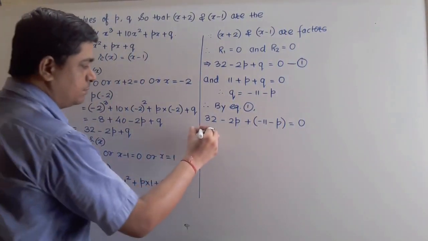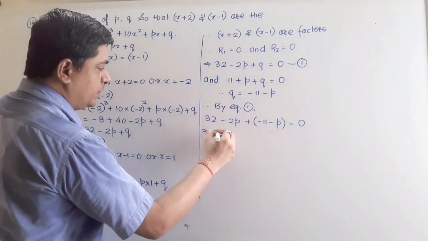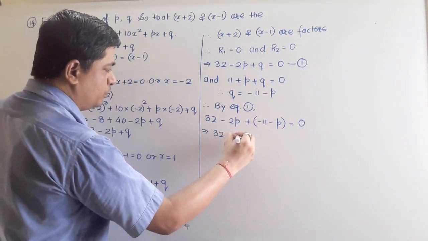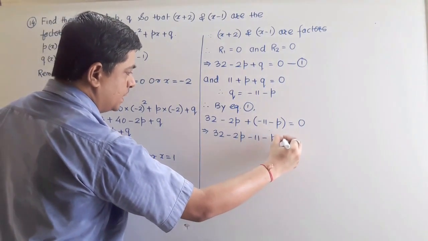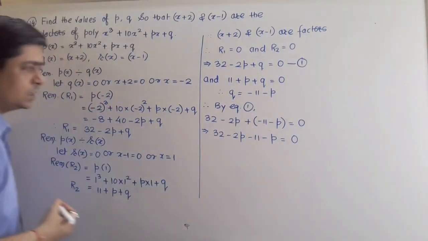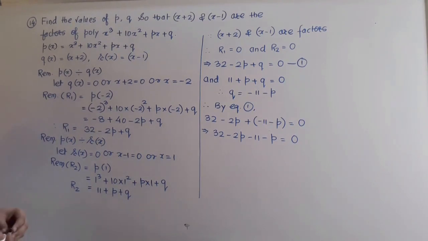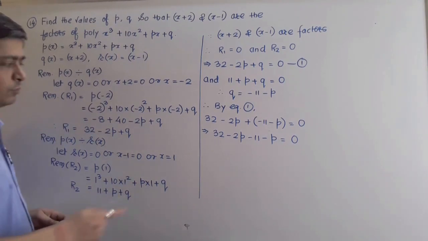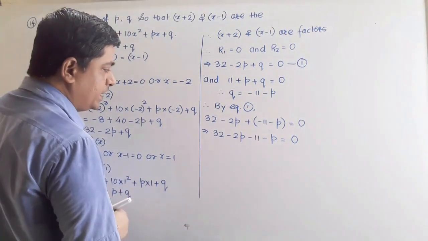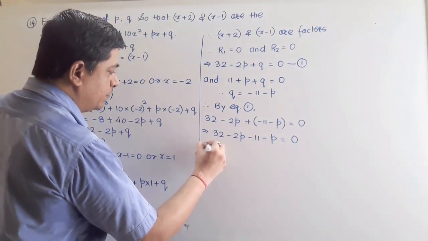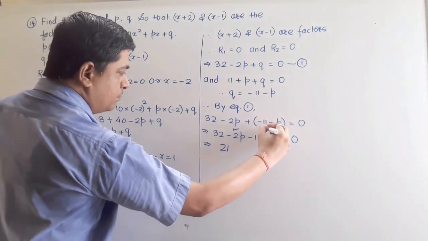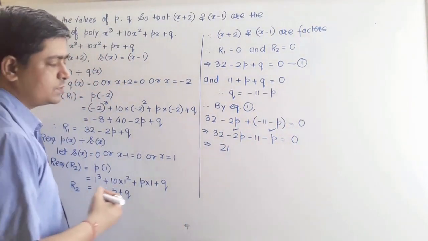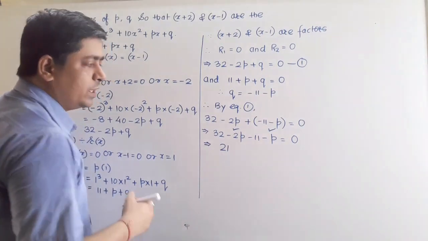So 32 minus 2p minus 11 minus p is equal to 0, because plus and minus, if you multiply, it will come minus. From 32, if I subtract 11, it will remain 21. And 2p and p both have the same sign. You observe both are having the minus sign, so they would be added.